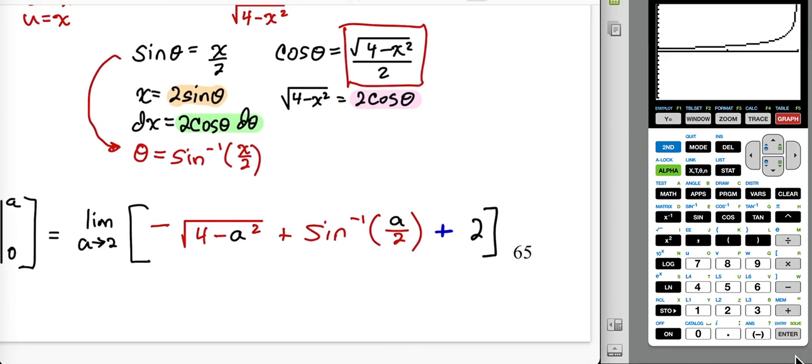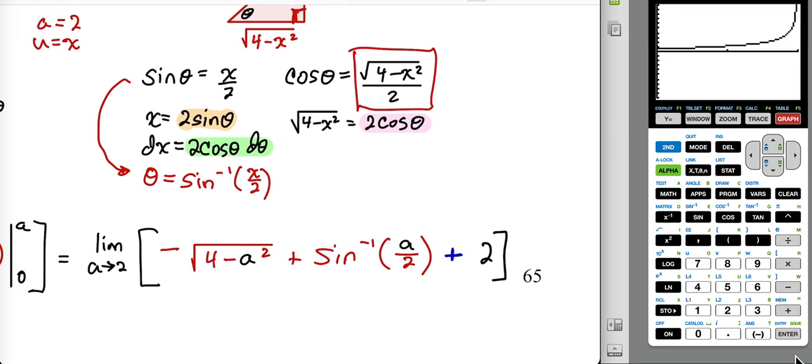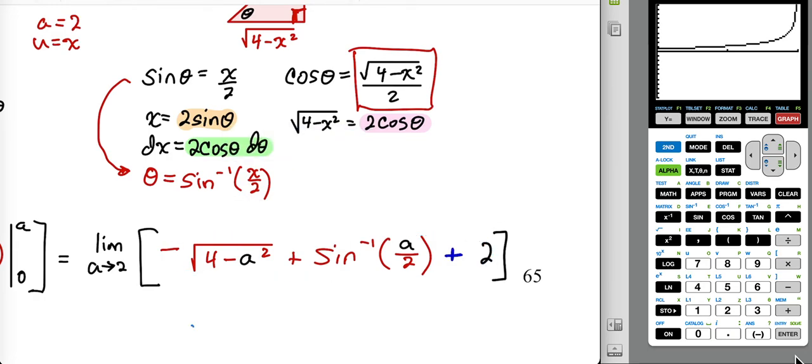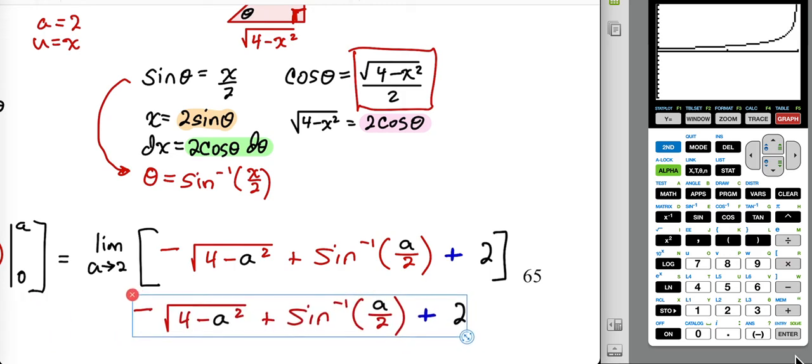All right, so we have to take care of everything else at this point. Now, we are approaching an a value of 2, so if I make my substitutions by applying the limit, we should end up with something that cleans up kind of nicely.